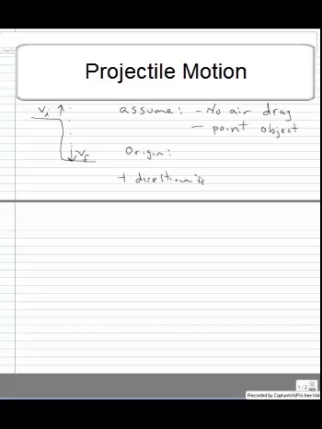It can be the top of the building. It can be anywhere in between. It can be the highest point the projectile reaches. It can be any other point. But there are 2 points that make the most sense. The top of the building, where you're throwing the object, and the bottom of the building where it lands. I'm going to pick my origin to be the top of the building.